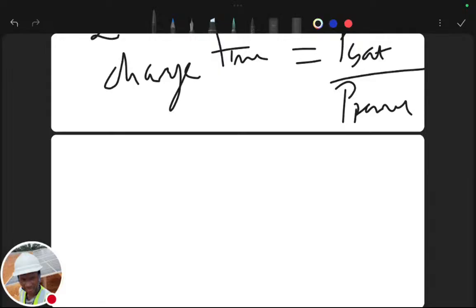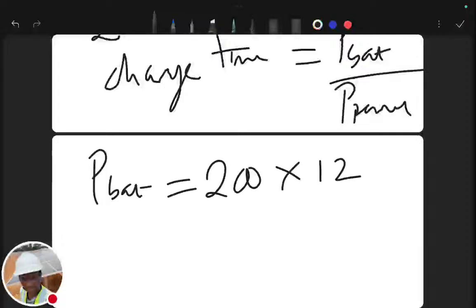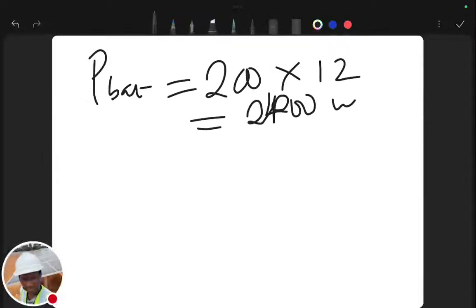It's very, very important that you note that when calculating discharge time, you consider efficiency of the battery. But when calculating charge time, efficiency does not matter. So P bat is now going to be 200 times 12, but we're not going to add efficiency, which is going to give us 2,400 watts. Don't worry, I'm going to get used to this pen. So P panel is 400 watts.